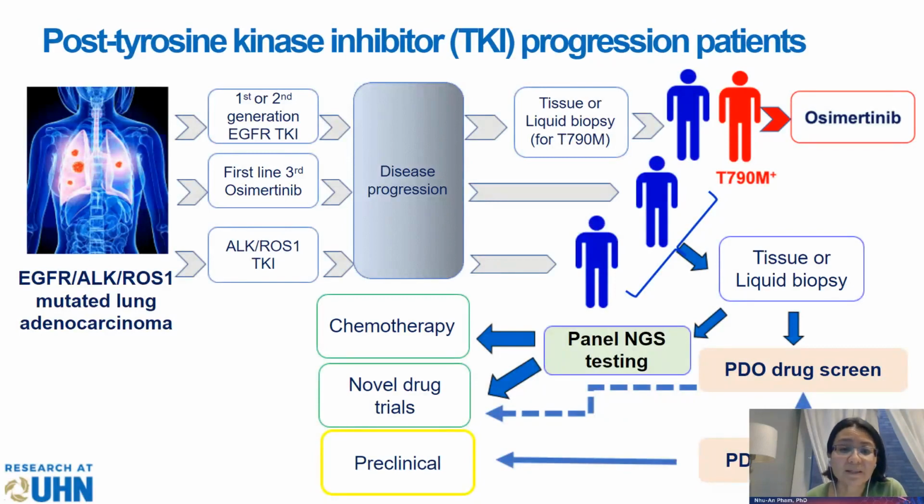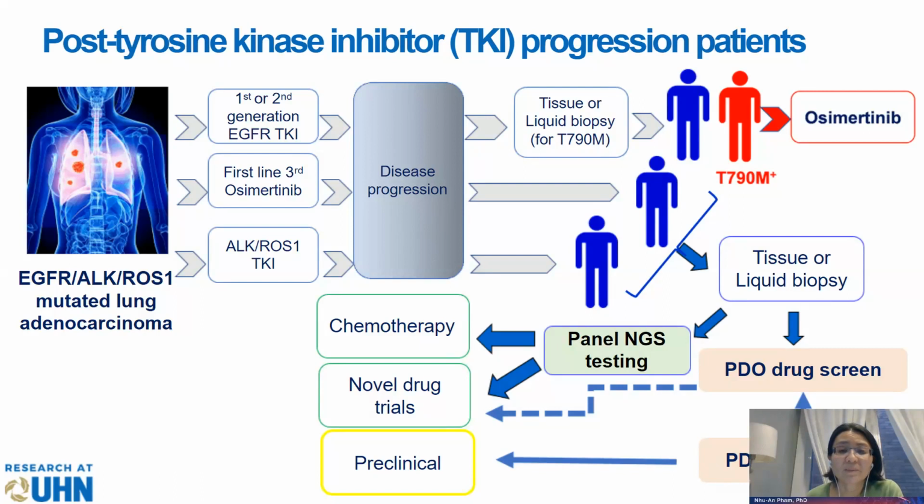In terms of how we collect these clinical sources to make the models, here we can illustrate it through the workflow for the tyrosine kinase inhibitor timeline of the patient management for lung cancer.